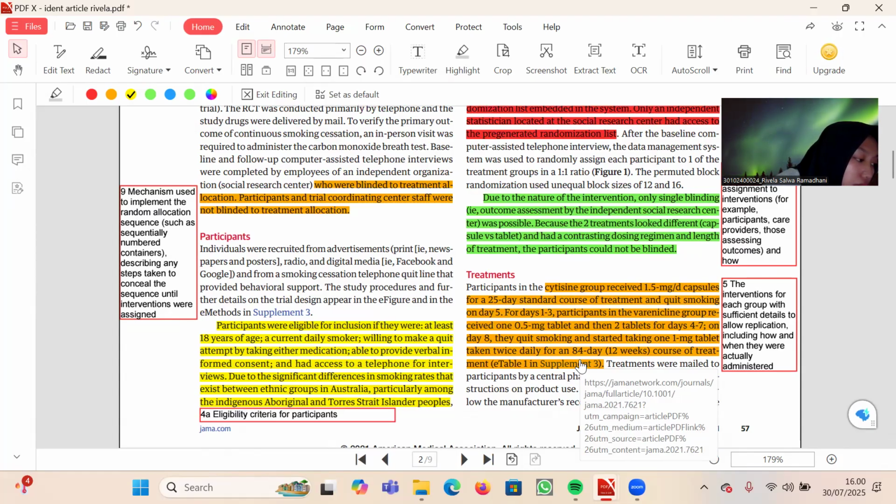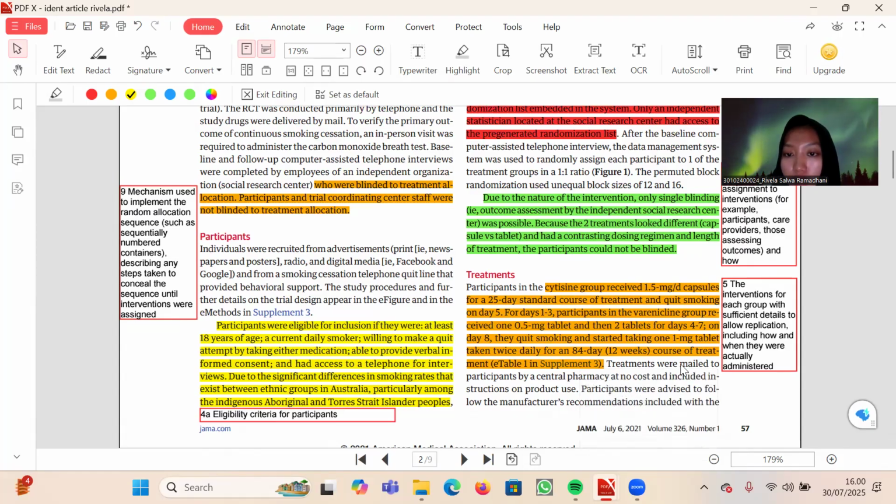Both dosage and administration schedule are included.